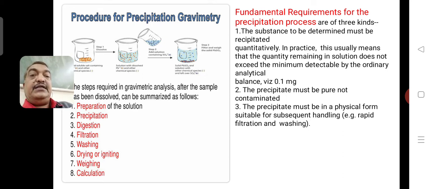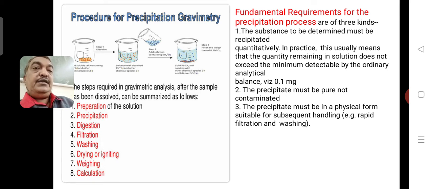Then the next one is digestion. Once the precipitate starts forming, it is not easy to get the crystals immediately. It requires certain time, so for that we require a process called digestion. When you add the precipitating agent to the solution containing a particular cation, you have to use the policeman, meaning the glass rod, and shake it slowly without removing the glass rod, and cover with a watch glass.